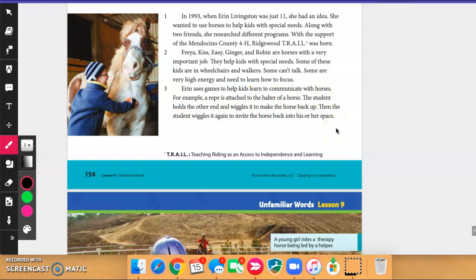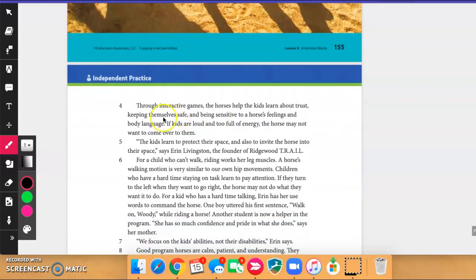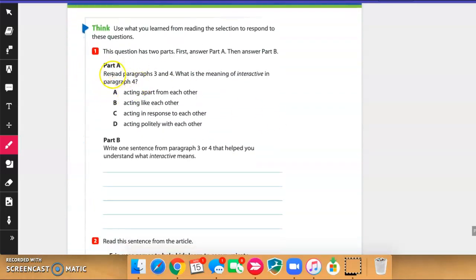So this paragraph is giving you some background knowledge. We're going to go to paragraph 4. There's the word interactive. So I'm going to underline or circle the word interactive. After reading both paragraphs, go back to part A. What is the meaning of interactive?